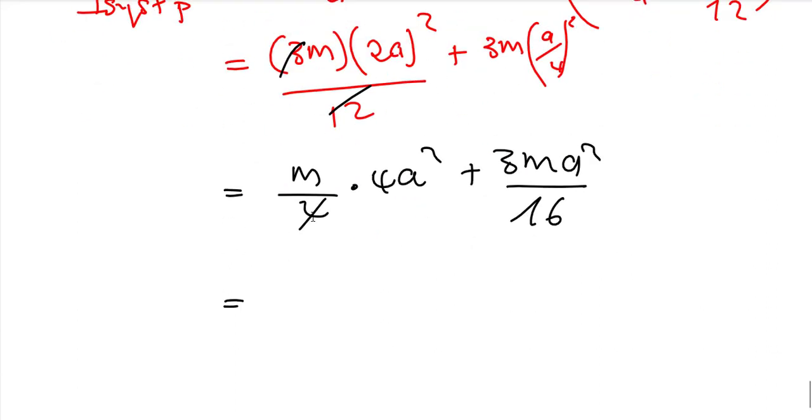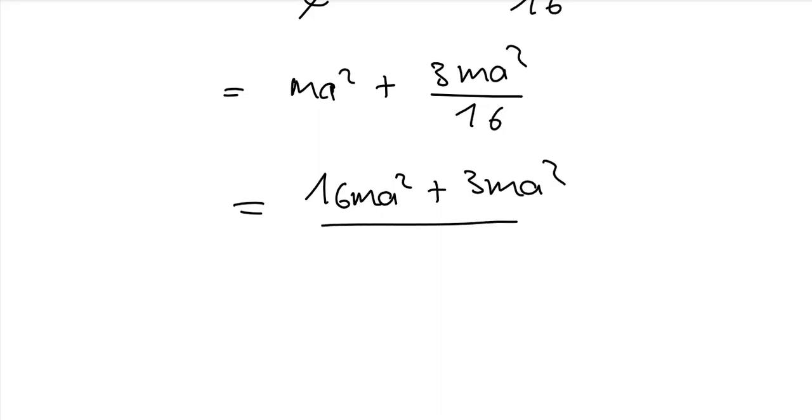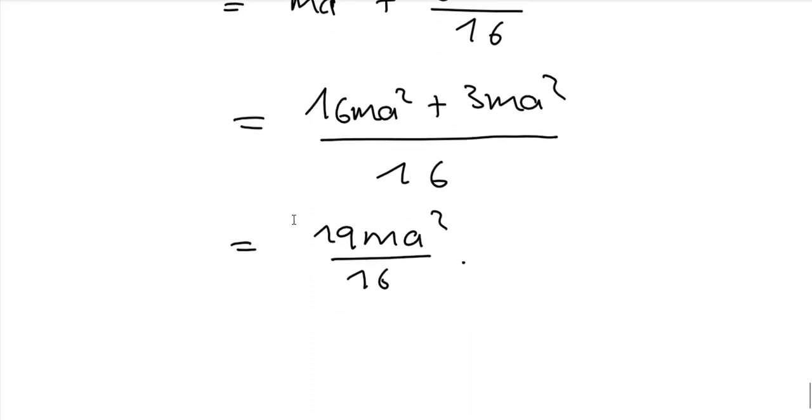So the 4's we cancel, so there I will have ma squared plus 3ma squared on 16. If you take the LCM, that will be 16ma squared plus 3ma squared, all of that divided by 16, which is 19ma squared on 16. So that's the moment of inertia of our system.